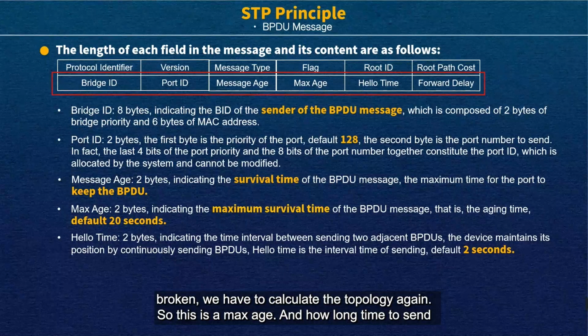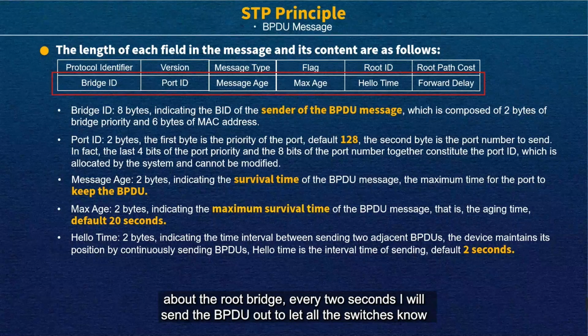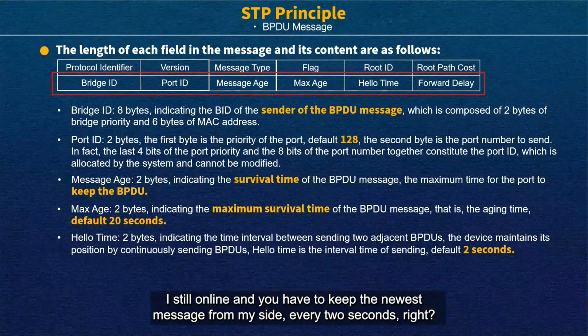And how long to wait before sending the message out depends on the hello time. By default, the time is 2 seconds. That means the root bridge sends the BPDU out every 2 seconds to let all the switches know it is still online, and they have to keep the newest message from its side every 2 seconds, right?